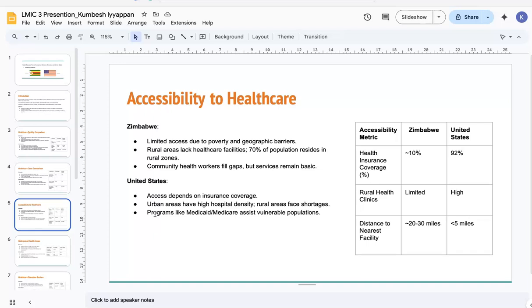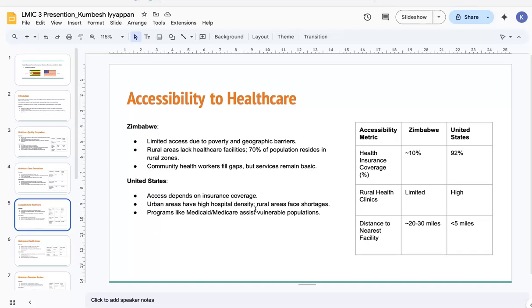Whereas in the US, the access depends on insurance coverage. Urban areas have high hospital density, whereas rural areas face some shortages. Programs like Medicaid and Medicare assist the vulnerable population in the country. On the right side, I mentioned a few accessibility metrics, but one to look into is the distance to the nearest facility.